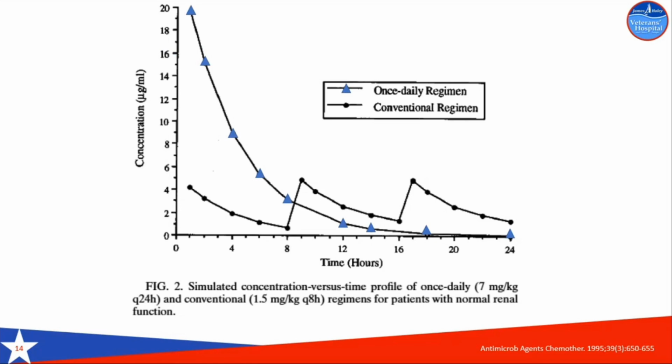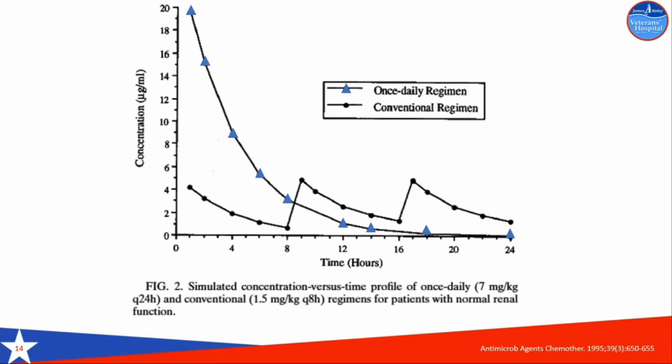Again, another concentration time curve. This shows you the differences between a once daily extended interval regimen in the blue versus your conventional regimen in black, so you can see the differences in exposure over a 24-hour period.